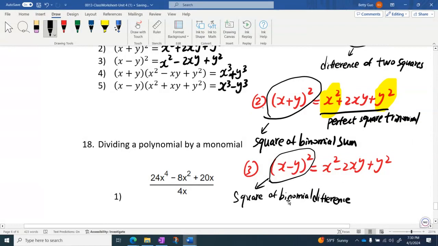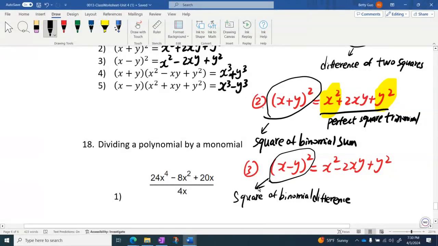The base in the parentheses is a binomial. And between the two items, like x and y, we call them items just for convenience of description, we have a subtraction. So we call x minus y a binomial difference. So we call this a square of a binomial difference.